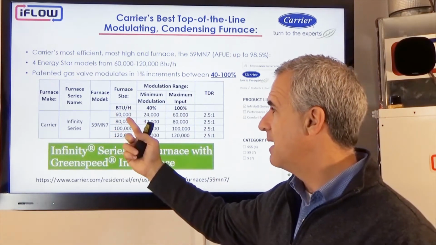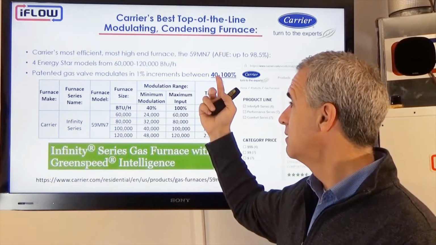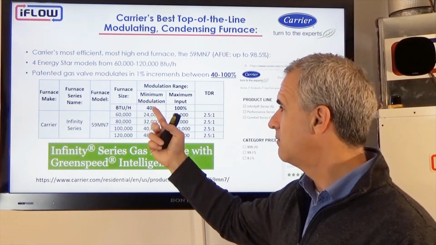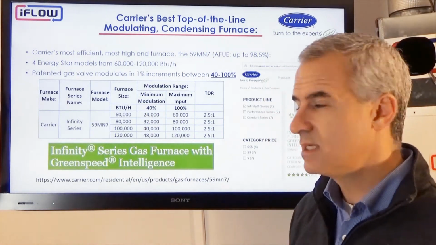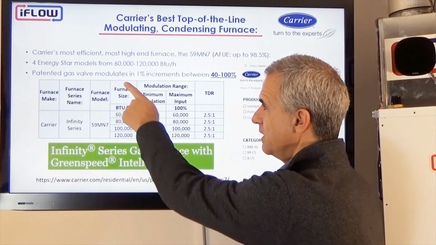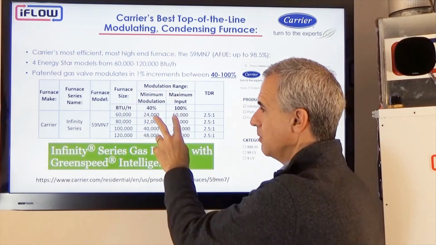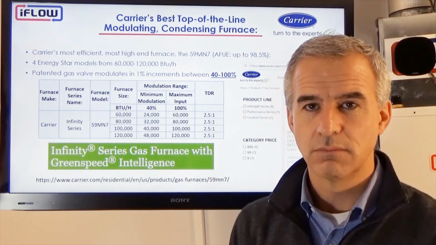So when we take our maximum input at 60,000 and we multiply it by 40%, because that's the minimum rate, we get 24,000 BTUs. So what it means is, from 24,000 to 60,000 BTUs, this furnace will modulate in 1% increments. So if my heat loss is 35, 40,000 BTUs, awesome furnace.